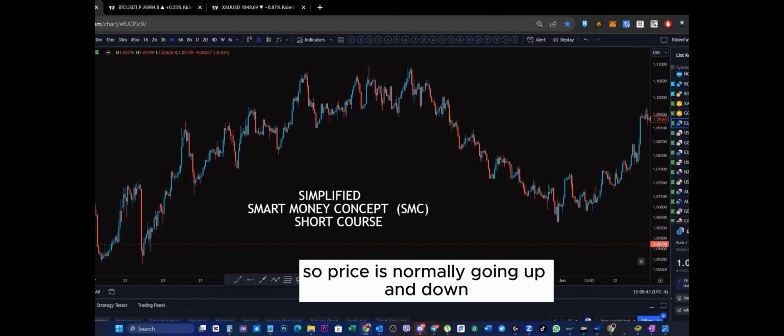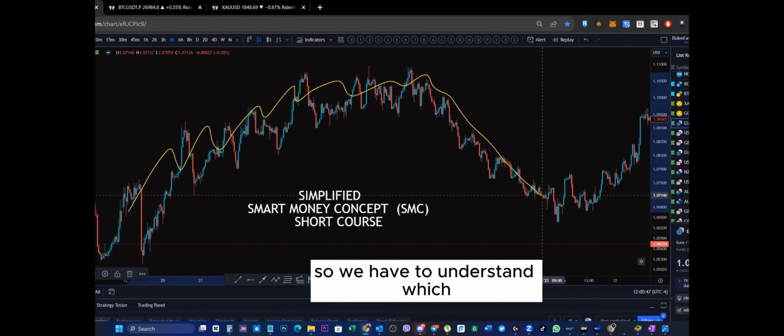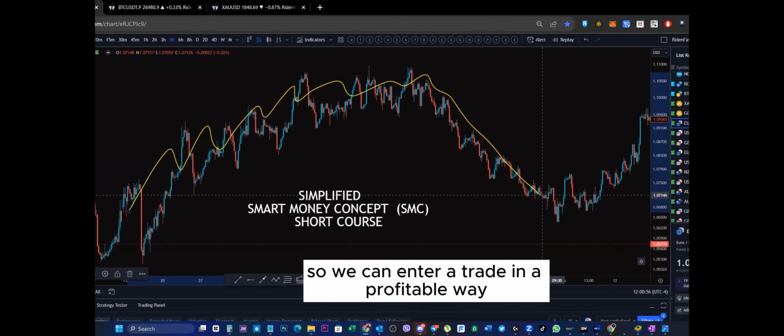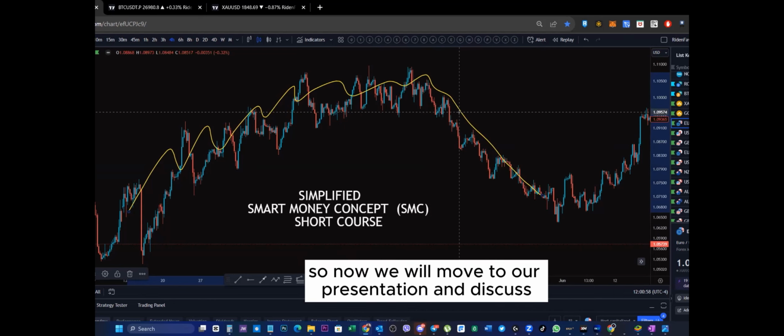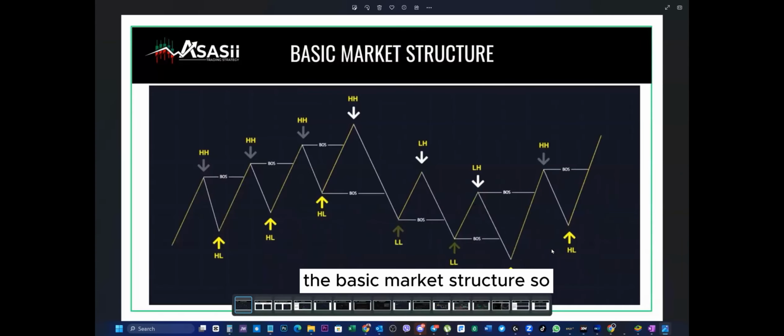Price is normally going up and down. So we have to understand which approach we can take using the smart money concept so we can enter a trade in a profitable way. Now we will move to our presentation and discuss the basic market structure.